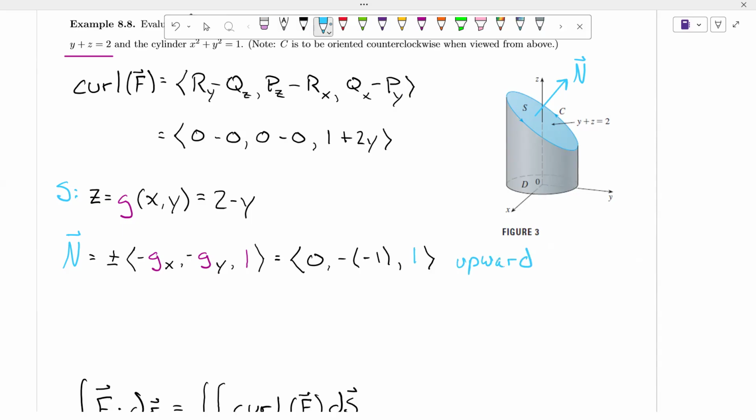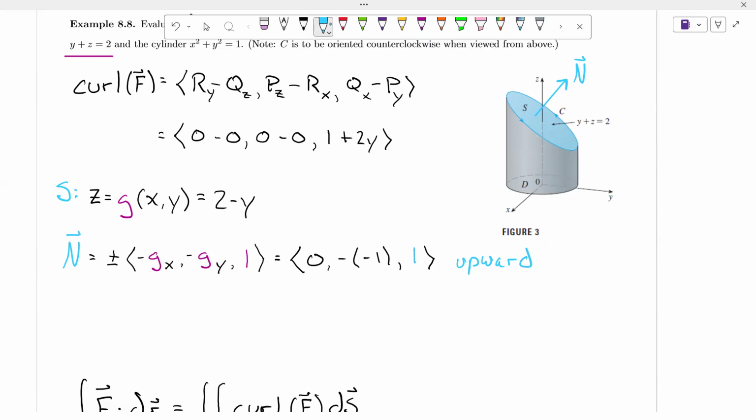All right, so remember that we do want to make sure that our normal vector points upward because that matches the orientation of our curve. If we follow that thing counterclockwise and viewed from above, our normal vector should point upward. So I'm paying specific attention to the z component of that normal vector. I just need to look at the third component, that positive 1, and make sure that number is positive.